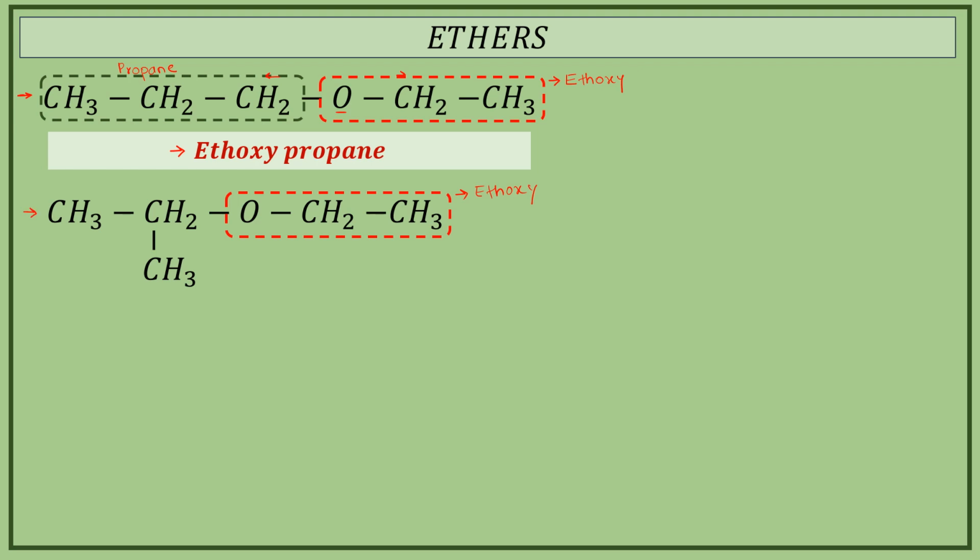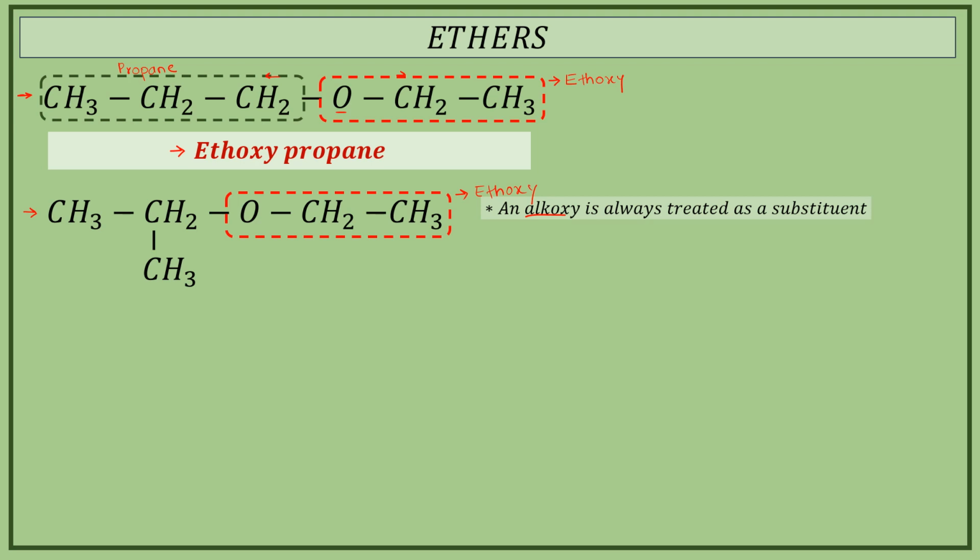We can number the carbon atoms present in this chain, and then this alkoxy group will have a definite position. At this point, please note that just like halogens, an alkoxy is also treated as a substituent.